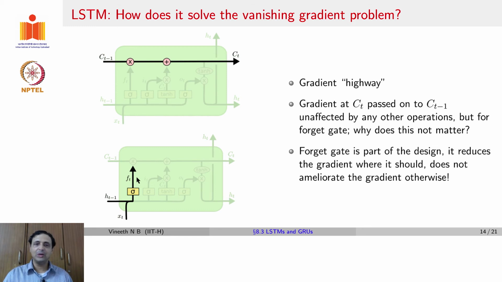It depends only on the forget gate, and the forget gate's job is to control how much of the previous cell state goes to the next cell state. So the gradient would only get mitigated by that much amount for each of the dimensions in the previous cell state. This allows LSTM to solve the vanishing gradient problem.